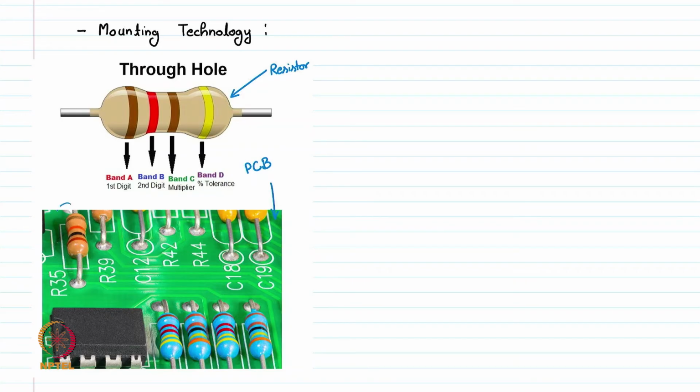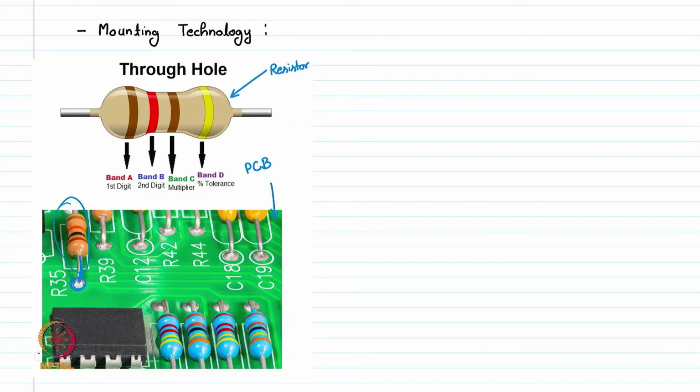And here, for example, this is a resistor. Now if we see carefully, this resistance has these two metal pins coming out. What we do is drill a hole in the PCB here, and this pin goes through the PCB and we solder it on both ends. We remove the extra length of pin.